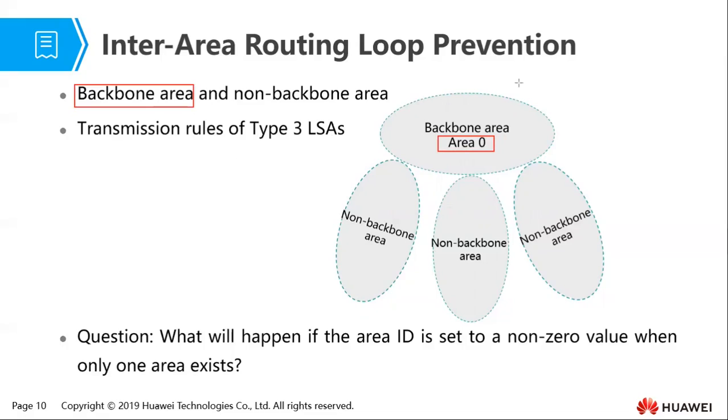This is the reason why, if you're having a single area OSPF network, then you should configure it as area 0. Now, all the other areas, 1 going forward, are what we refer to as non-backbone areas.